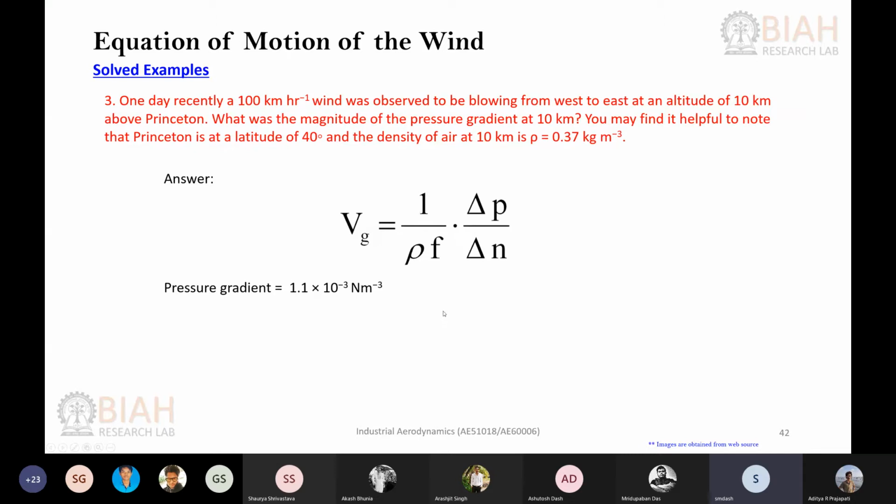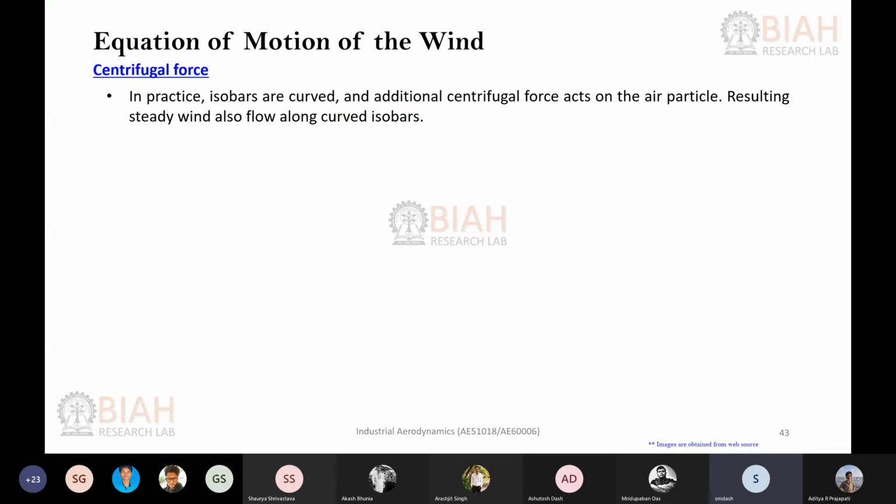Similarly, you can solve many other problems. This is to give you a brief idea about what kind of questions you can expect. Now, like I have said, in general we don't see isobars to be straight lines, either horizontal or vertical. The isobars are generally curved on the Earth's surface.